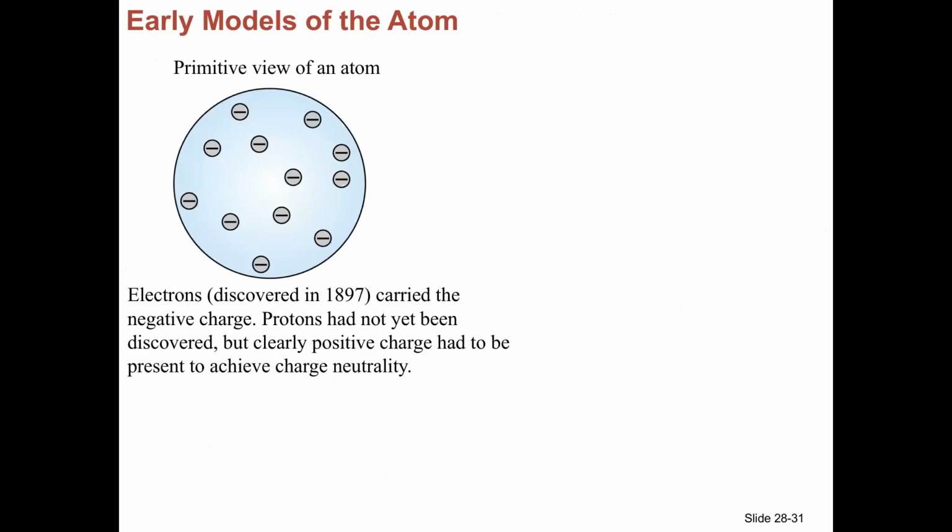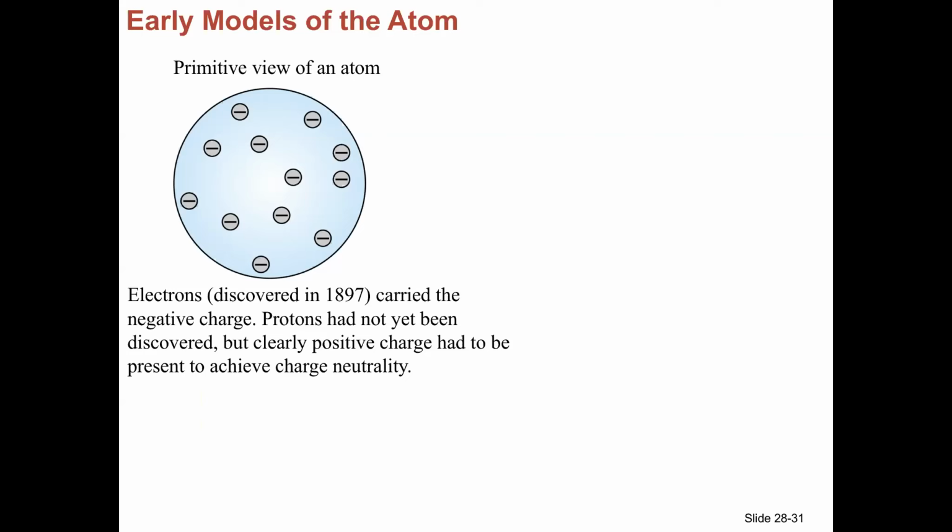And this plays into the development of our models of the atom, which, if you remember from high school or college chemistry, developed over time. Just as a review, our original primitive view of the atom, and by primitive I mean near the end of the 19th century, was that we knew electrons existed and had negative charge, but protons in the nucleus hadn't been discovered yet.